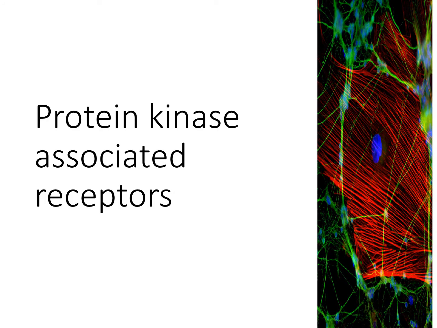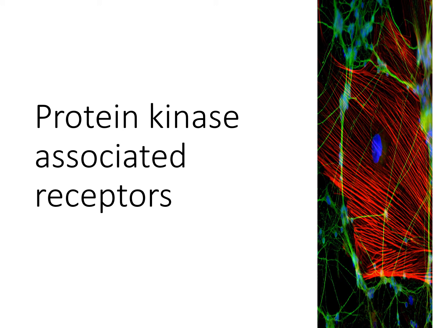All right, so the second example is the protein kinase associated receptors. Okay, so in the first part we learned about the G protein linked receptor, and here it is about the protein kinase associated receptor. That means there is no more G protein involved in this receptor concept.